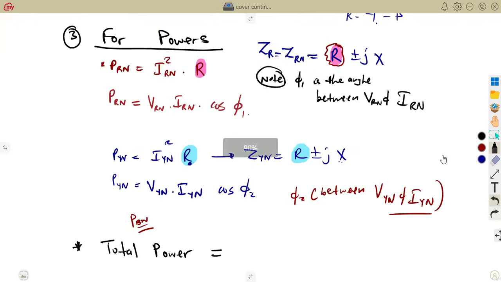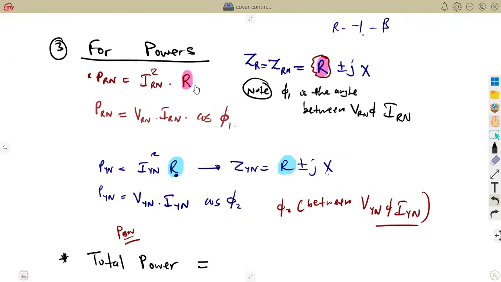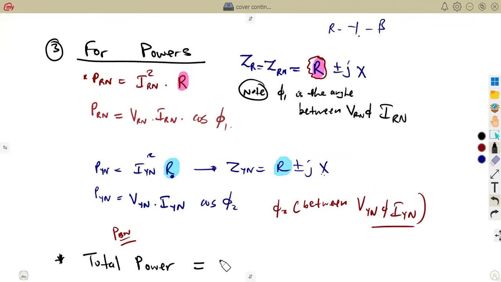So the total power will be the sum of the powers that you calculated. Remember, you calculated the power for the red phase, the yellow phase, and the blue phase. You add everything. That is the total power for all three phase star connected load. That is how you're going to need that one.